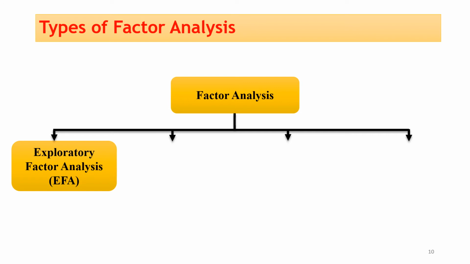EFA is really a nice choice if you have no idea about what common factors might exist, and EFA is able to generate a huge number of possible models for your data, something which is not possible if a researcher has to specify the factors.